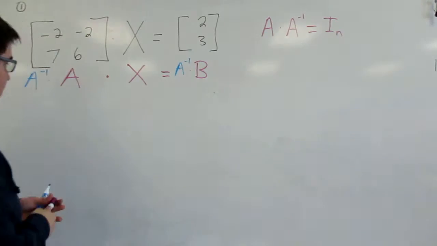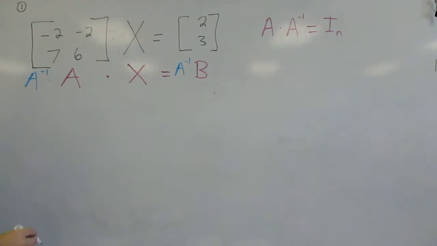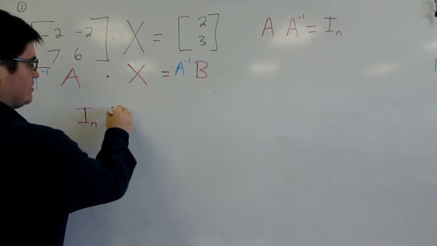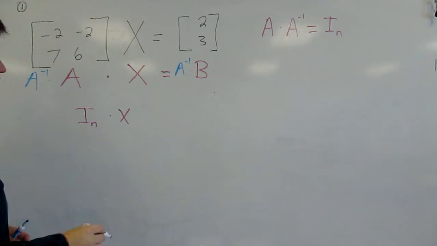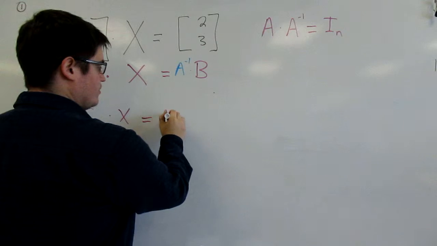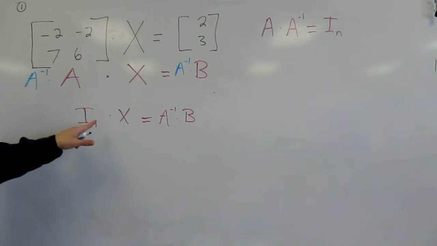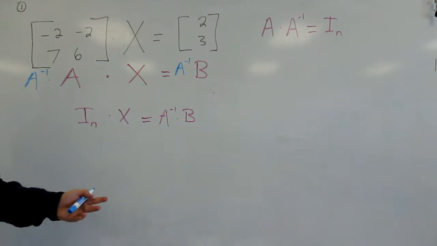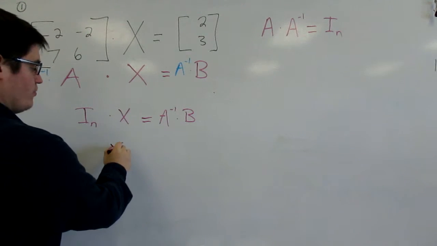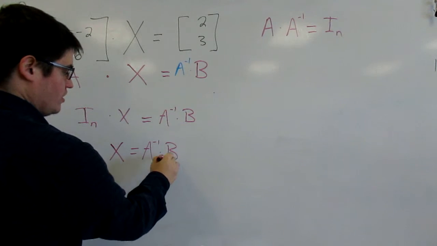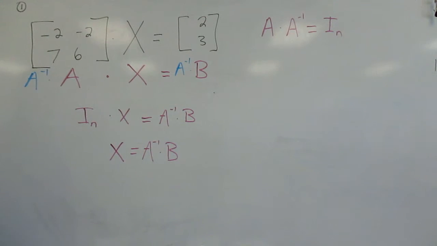Well, now, A inverse times A is your identity matrix times matrix X equals A inverse times B. Remember, anything times the identity is just that matrix. So matrix X equals A inverse times B.